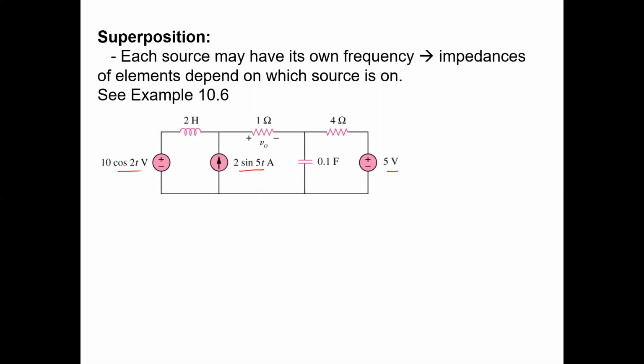Why not? Why can't you solve this with a single Phasor transform? A 5 volt DC source can't be turned into a Phasor.